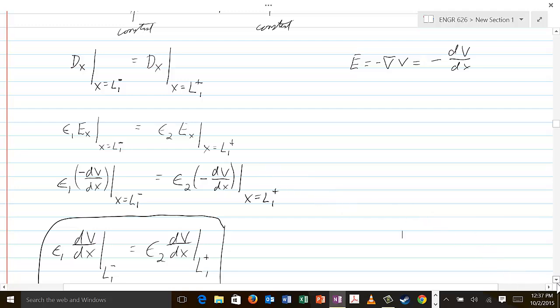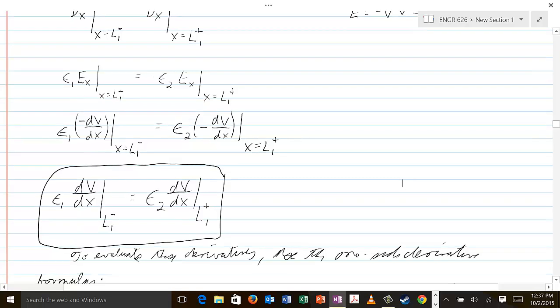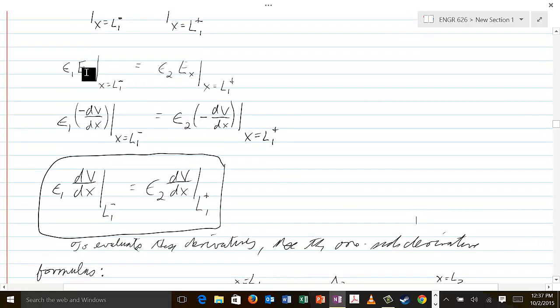And remember now that E is equal to the negative derivative of V, the electric potential. So we're going to substitute minus dV dx for E sub x on both the right and the left, and then the two minus signs can be canceled. And so we have epsilon 1 times dv dx just to the left of L1 is equal to epsilon 2 times dv dx just to the right of L1.